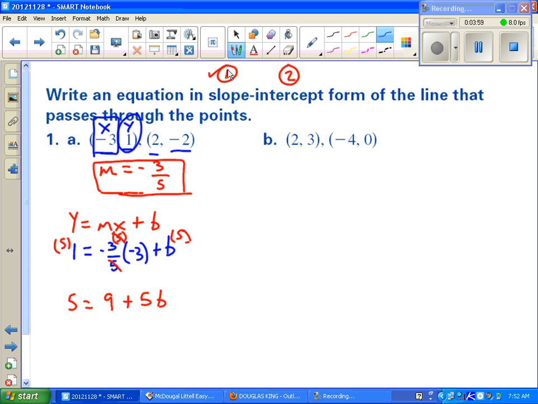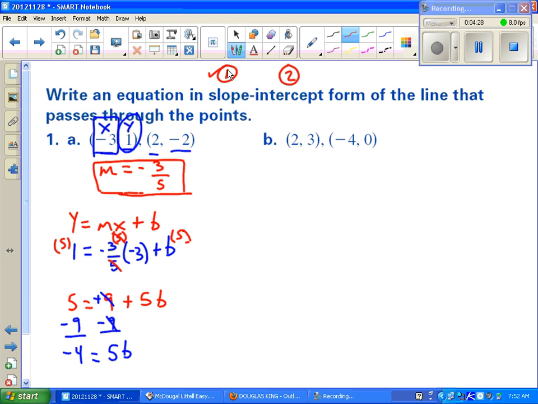Now undo addition and subtraction. You have 9 plus 5b, but the positive 9 tells you what to do with that 9. It says positive 9, which means plus 9. In order to undo that, you subtract it. If you subtract 9 on the right, you need to subtract 9 on the left. 5 minus 9 is going to be negative 4. 9 minus 9 cancels out, and then we still have 5b on the right.